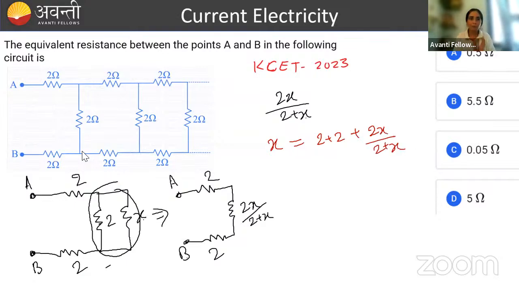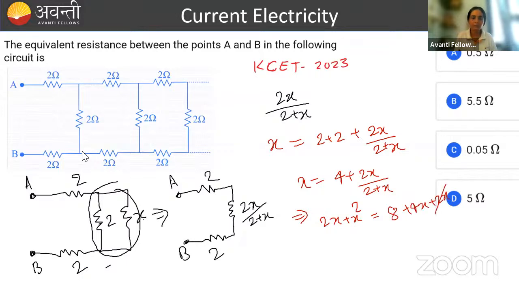ठीक है, so if we solve this equation, we will get a quadratic equation. आप इसको solve कर लो. So x is equal to 4 plus 2x by 2 plus x. So if you do that, 2x plus x square is equal to 8 plus 4x plus 2x. This 2x will get cancelled. So the quadratic equation that we are getting is x square minus 4x minus 8 equal to 0.